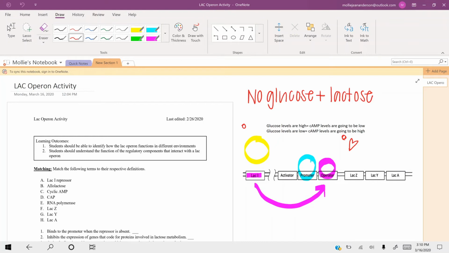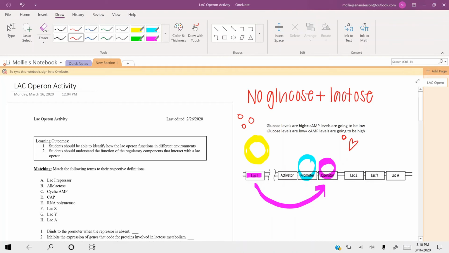So now we have to consider two new things. We have to consider this yellow circle right here, which represents CAP, or the catabolite activator protein, and we also have to consider this little red circle right here. All of these little red circles, what are those? Those are cAMP, or cyclic AMP. Well, there's a relationship between glucose and these different things.